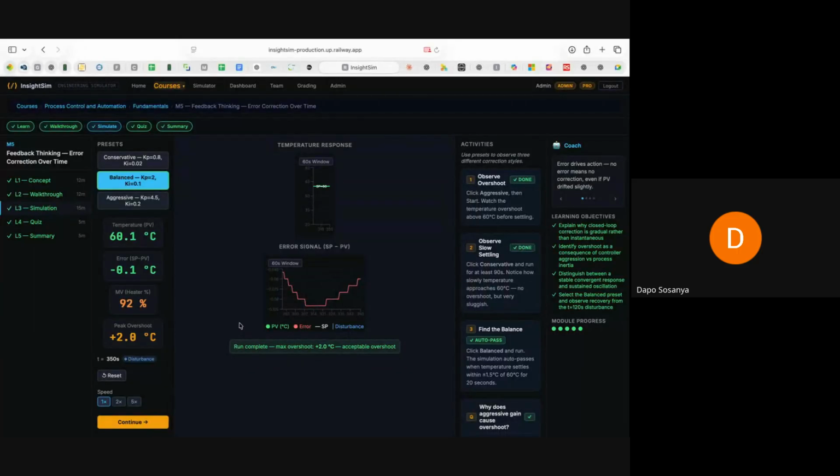So the maximum overshoot here is 2.0, and it's acceptable. So you can see the difference between the various settings.